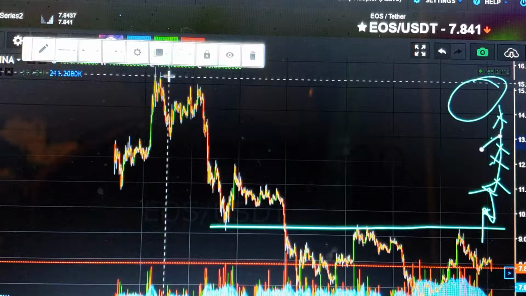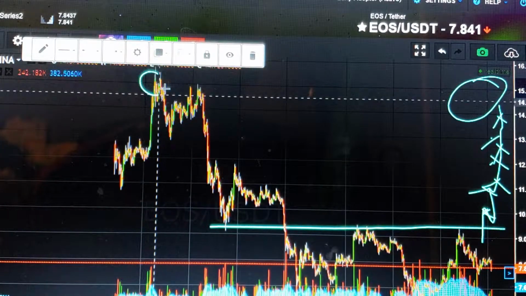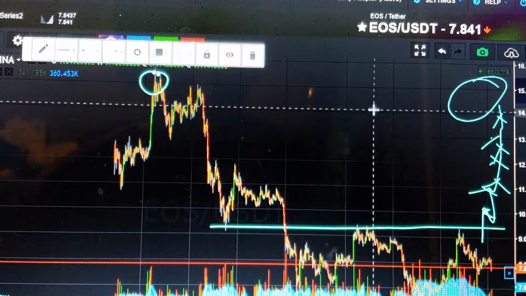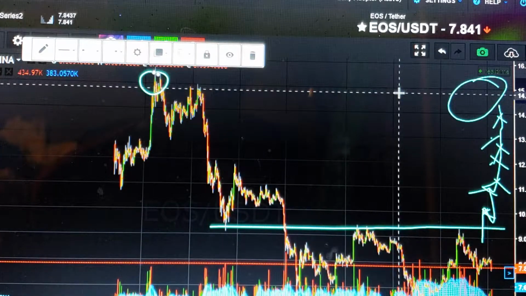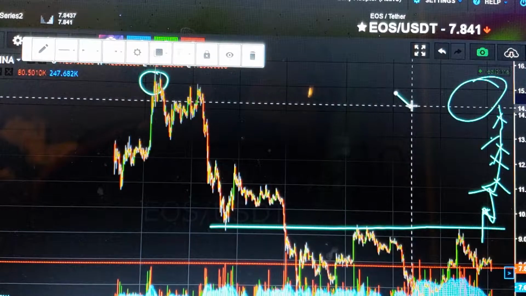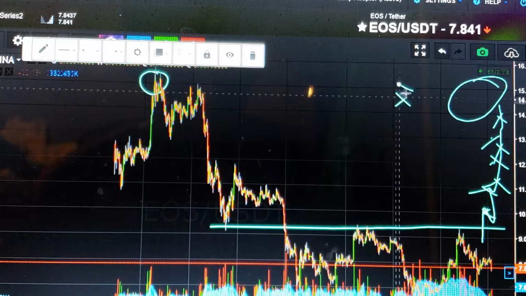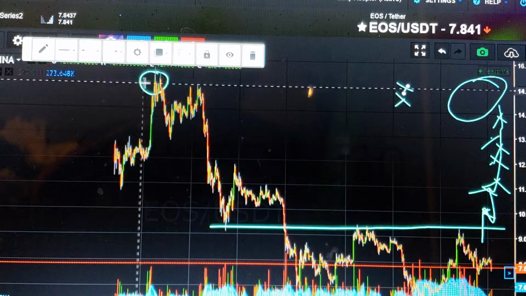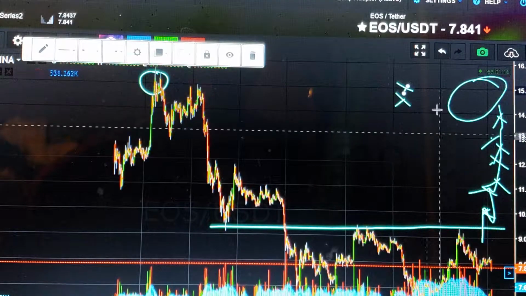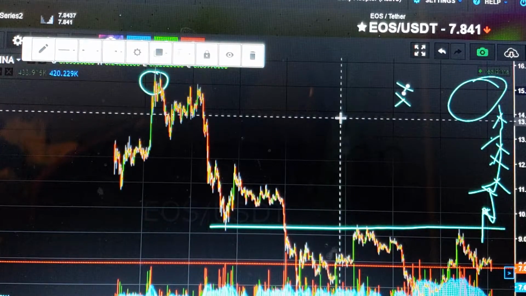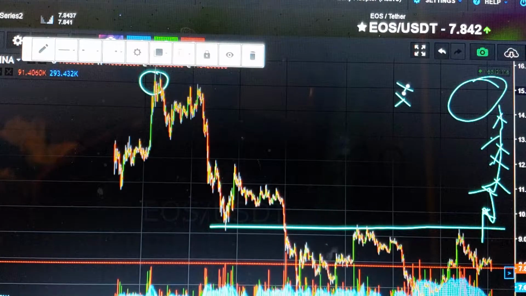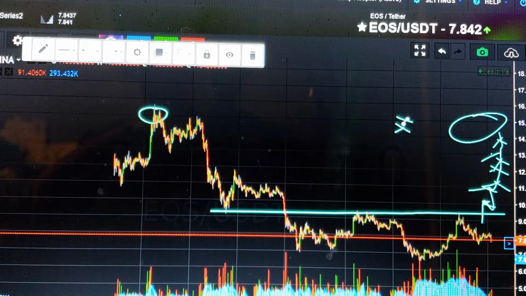Whatever comes back up here, then you can unload some more. So you might want to do 20 bucks, 25 bucks. But if it gets up here in this range, don't go haywire and sell all your free coin. Right?